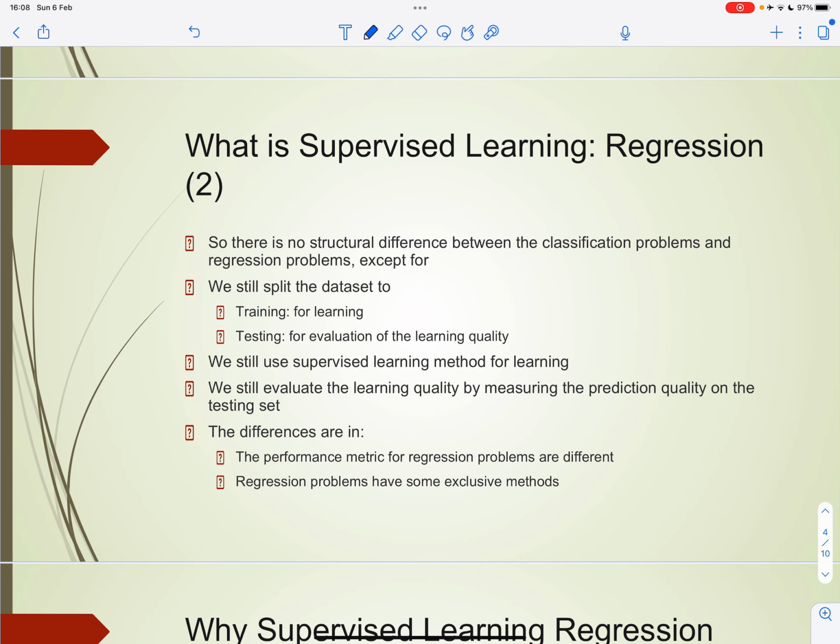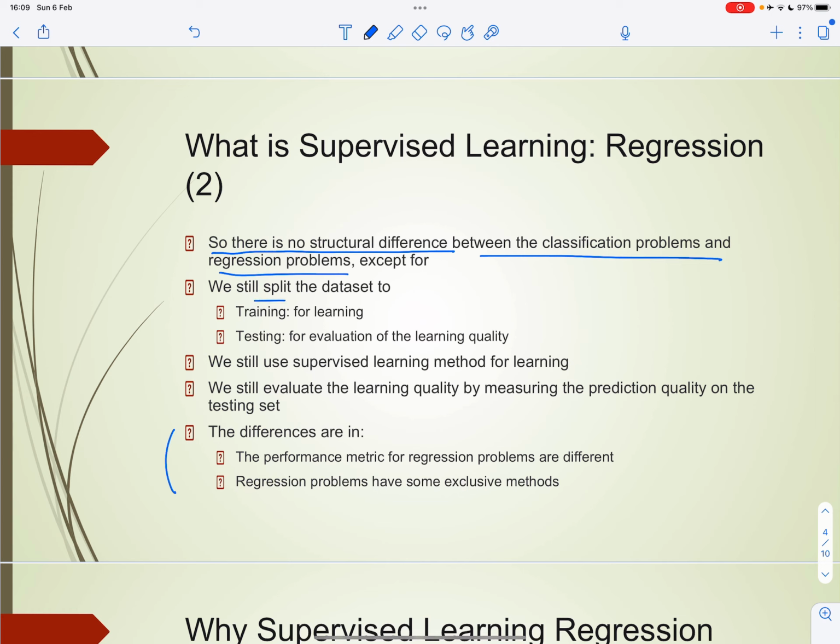So there is no structural difference between the classification problems and regression problems except for these differences. But let's go through the similarities first. It's better to say that there is no structural difference between classification and regression problems. So what you have learned for the classification problems still applies to regression problems.